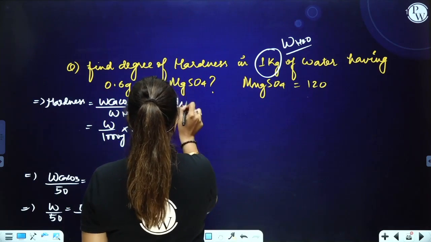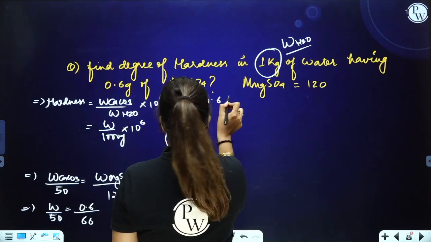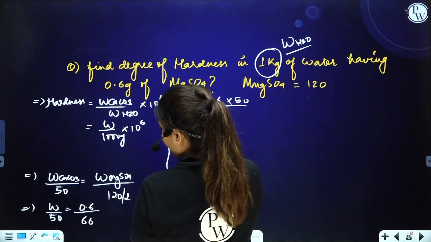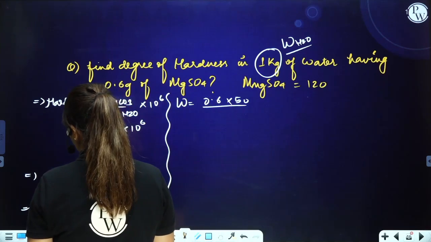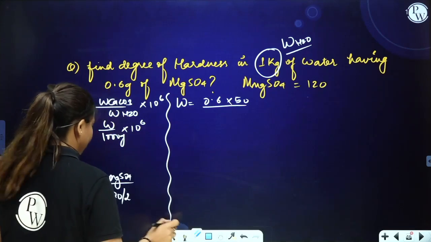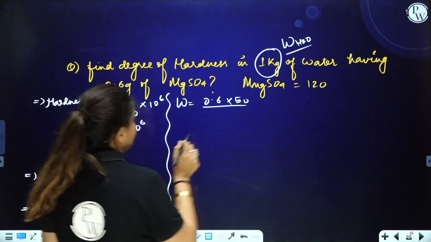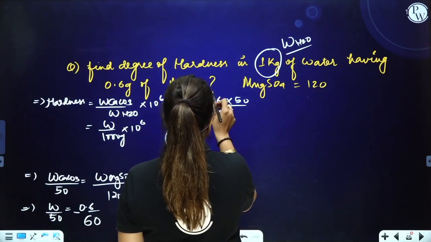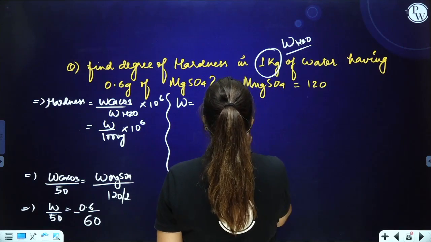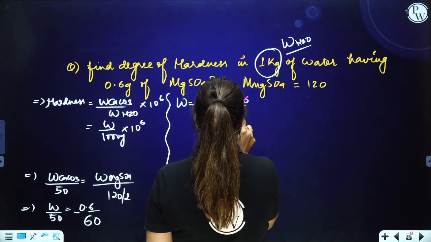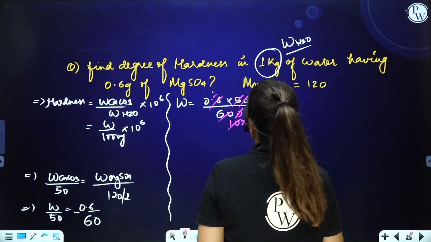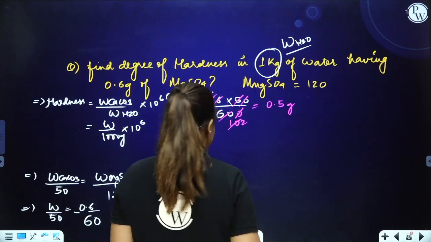Weight will be equal to 0.6 into 50 divided by 60. So 60 over here, remove this decimal, put it over here. So this is 10 and this is 2, so it is coming out to be 0.5. This weight is coming out to be 0.5 gram.